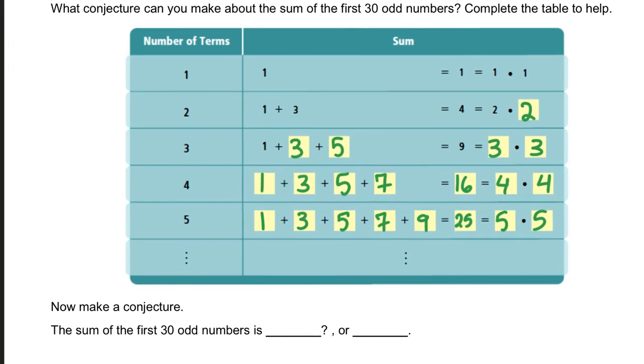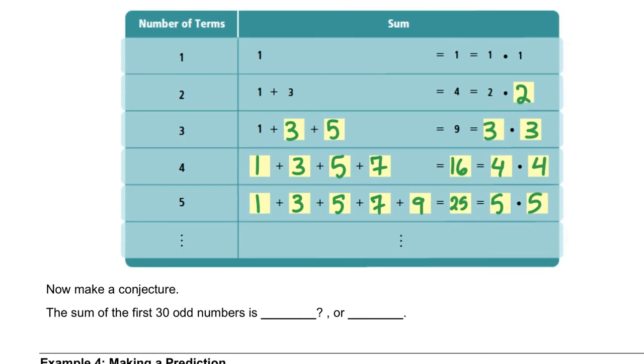So the pattern I'd like you to notice is that the first term is 1 squared, second term, 2 squared, third term, 3 squared, fourth term, 4 squared, fifth term, 5 squared. So the 30th term is going to be 30 squared, or 900.